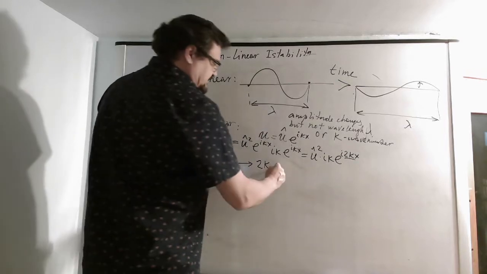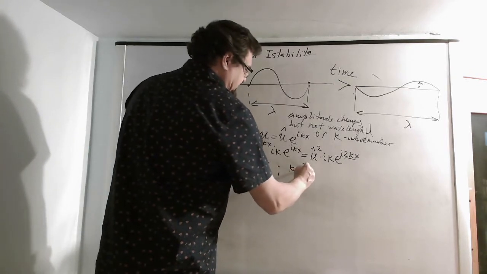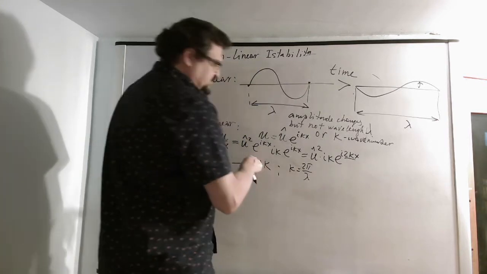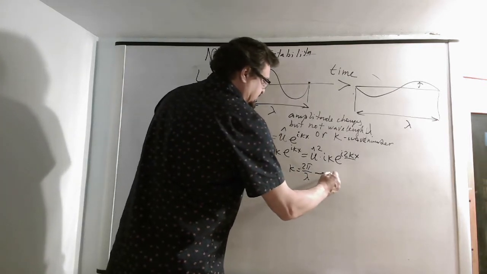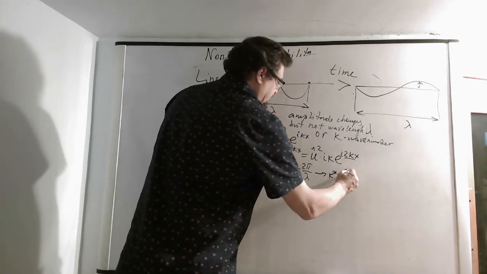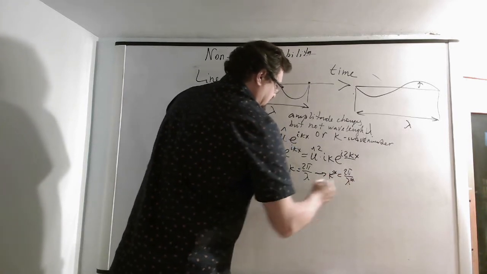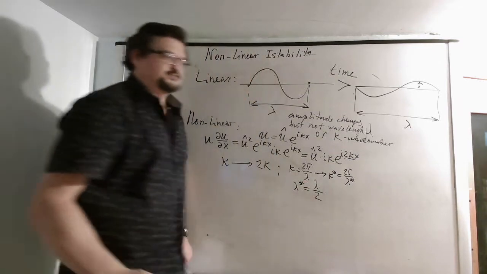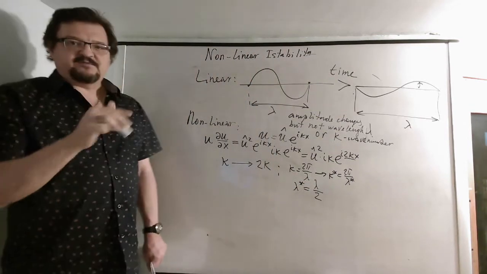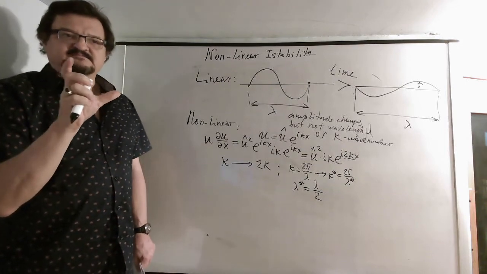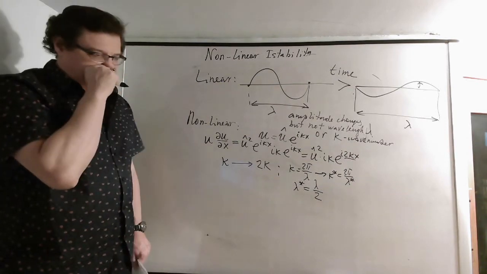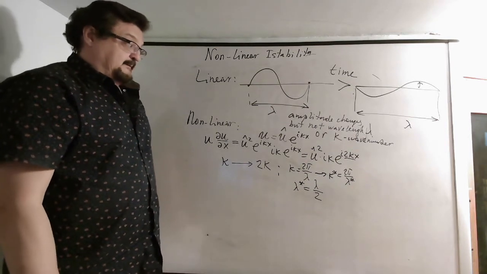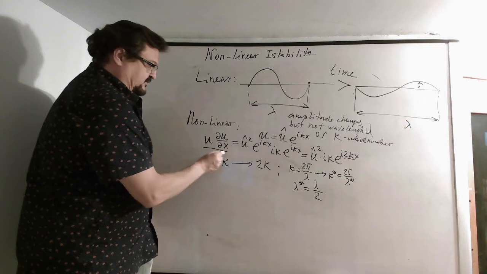And 2k means what? k is 2 pi divided by lambda, where lambda is wavelength. So you created q star equals 2 pi over lambda star. So the new wave, lambda star, became lambda divided by 2. So you created a wave with half the wavelength of the original one. And that all comes from this nonlinear term.